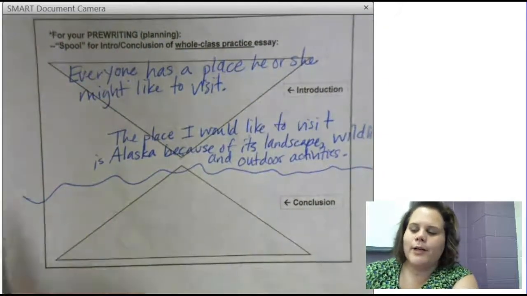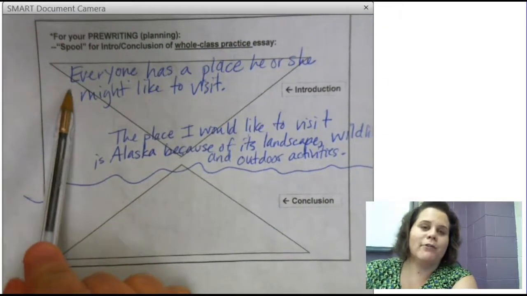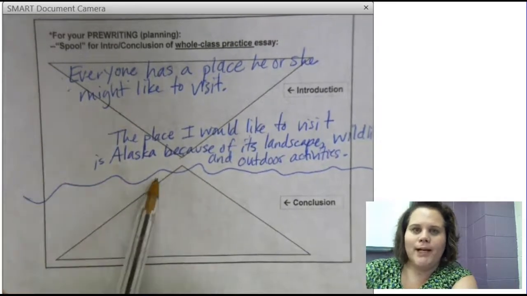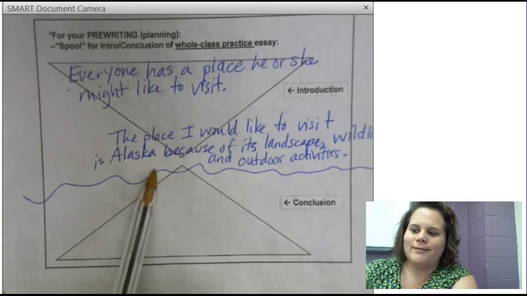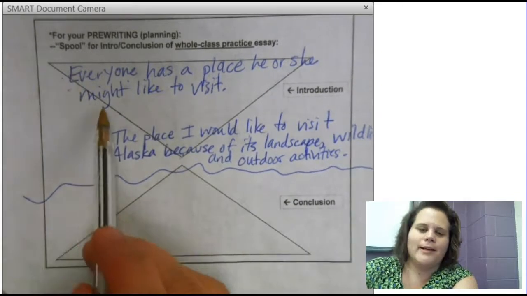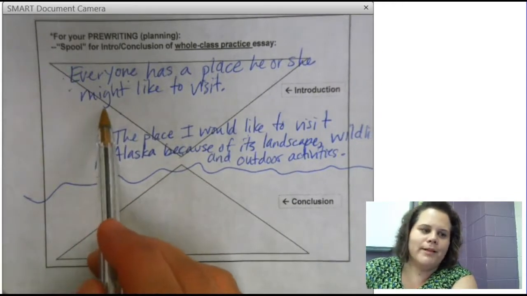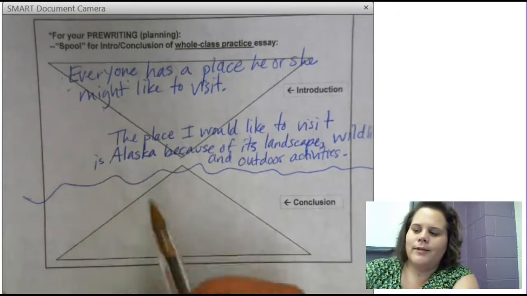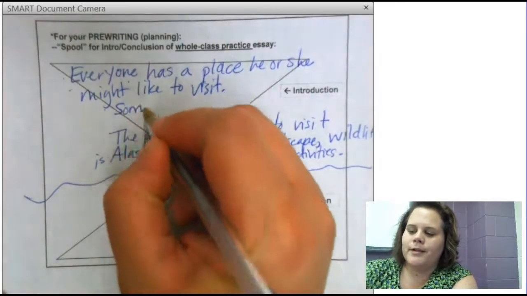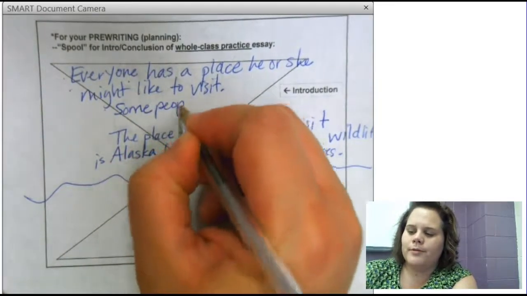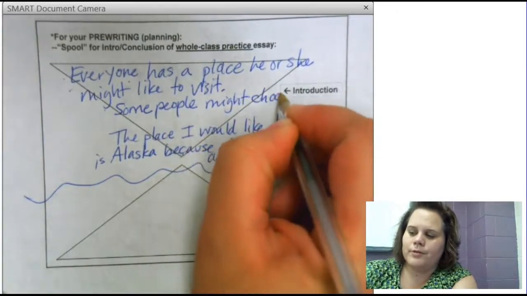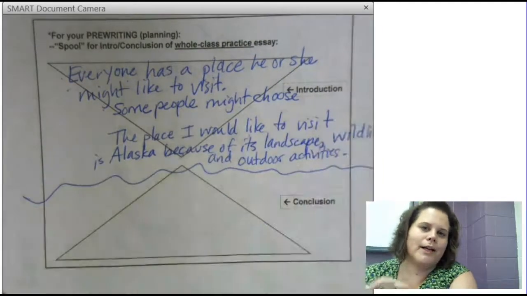So then I would say, okay, this is pretty broad. Everyone's like everybody in the world, like 6.5 billion people. What's a little more narrow? It's not everyone, me. That's pretty like not gradual. So gradually narrow it down. What's a little bit less than everyone? Maybe some people, most people, something like that. So maybe some people might choose, and try to kind of come up with two options.